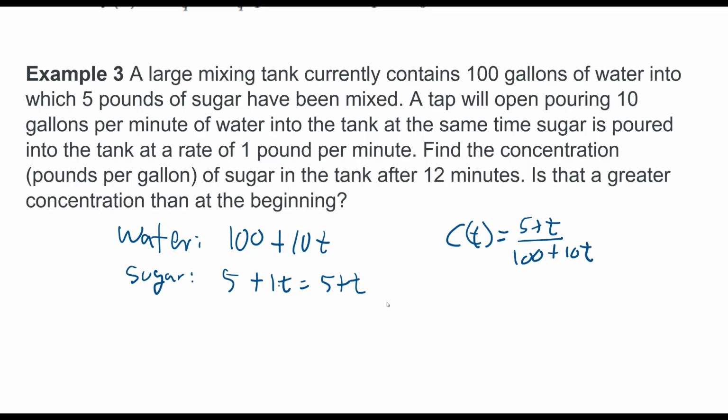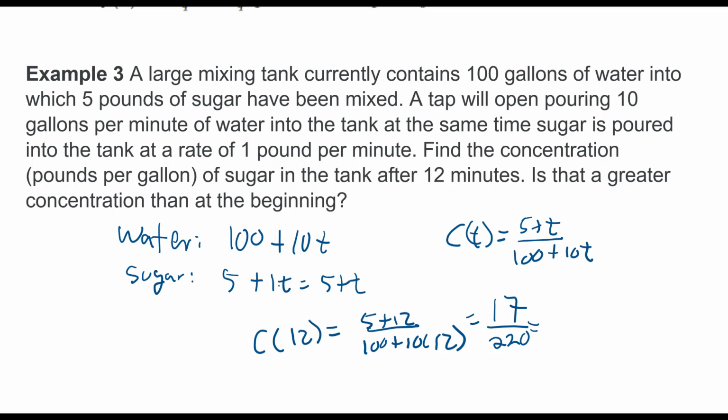So our concentration after 12 minutes is going to be 5 plus 12 over 100 plus 10 times 12. So this would be 17 over 100 plus 120, so it'd be 220.